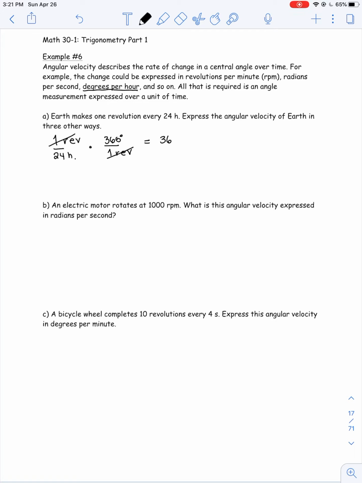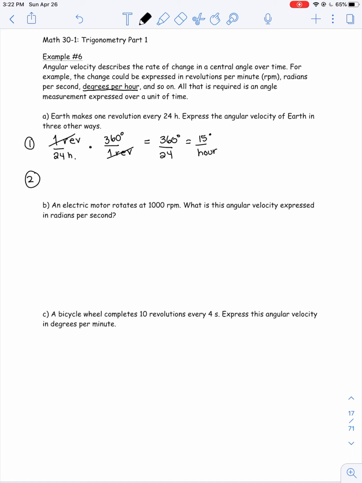Now these two cross each other off, which leaves us with 360 over 24. So I'll just divide those. 360 divided by 24 gives me 15. So that's going to be 15 degrees per hour. So that is one way to express that.